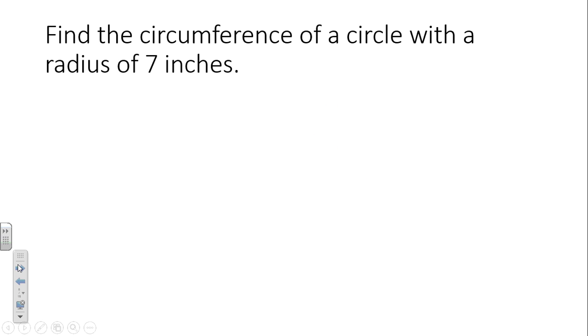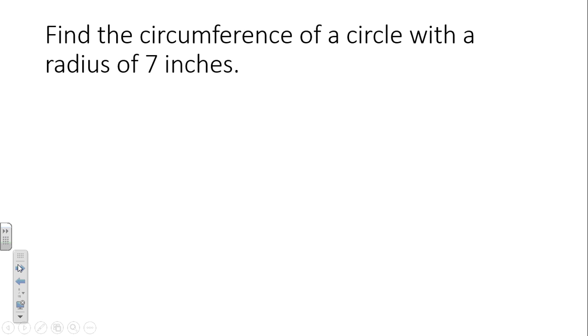We want to find the circumference of a circle now when the radius is 7 inches. So which of the two formulas are you going to use? Yes, 2 pi r, because they told you radius, didn't they? Okay, so you have two formulas to pick from.